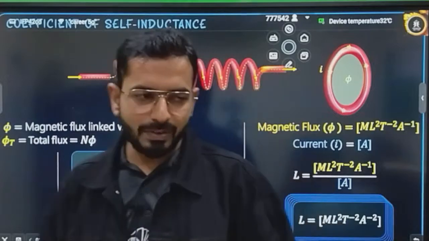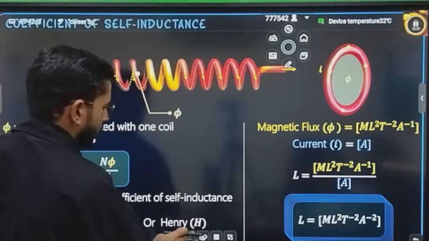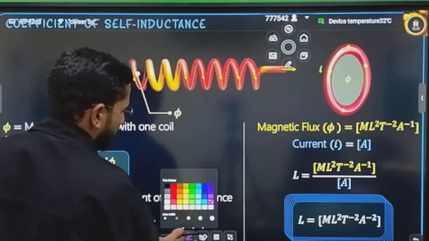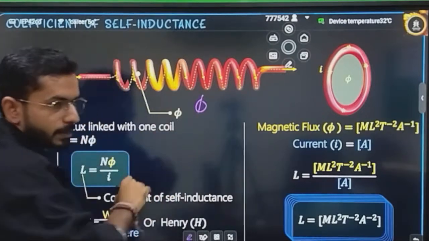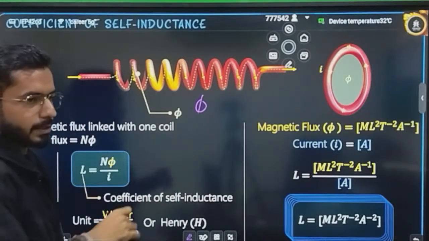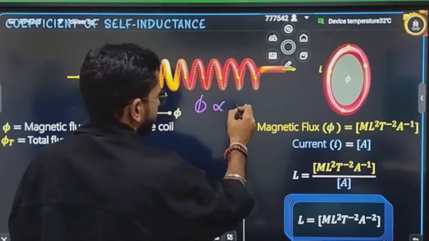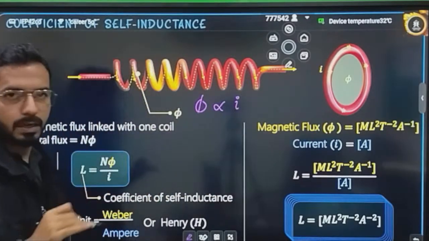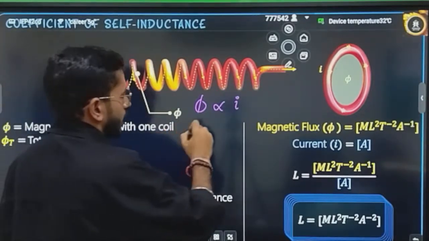See, what is the formula? Now let's come to the formulas. We define that flux is directly proportional to the current.